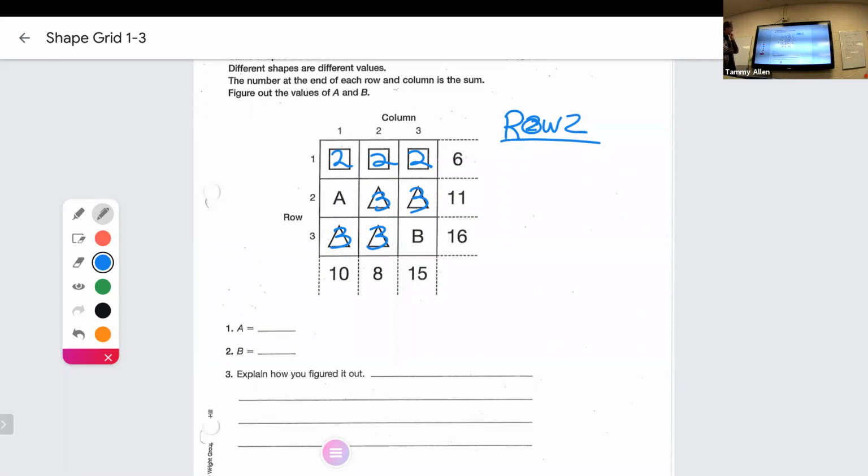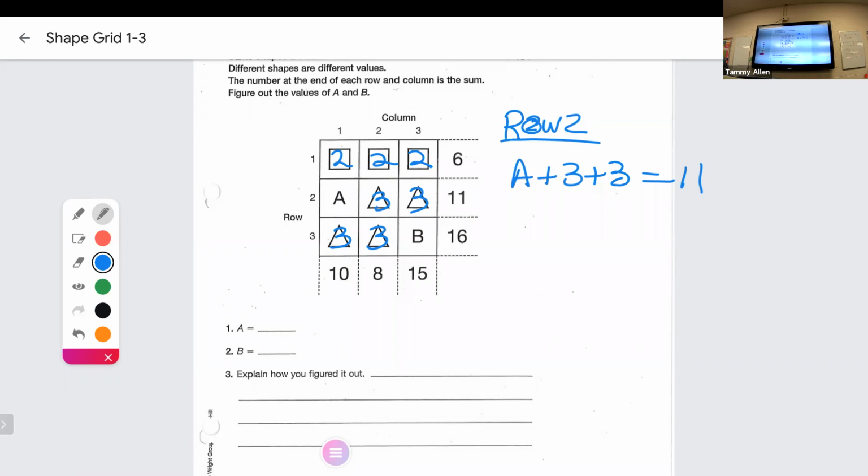Row 2, we have A plus 3 plus 3, and it's equal to 11. All right, what do we have to do first?